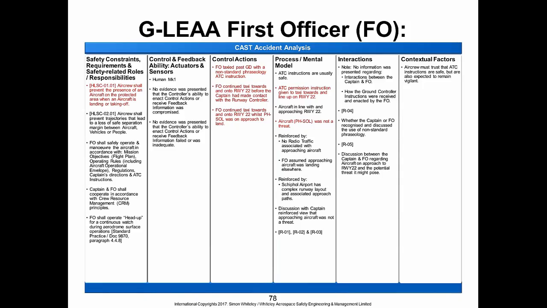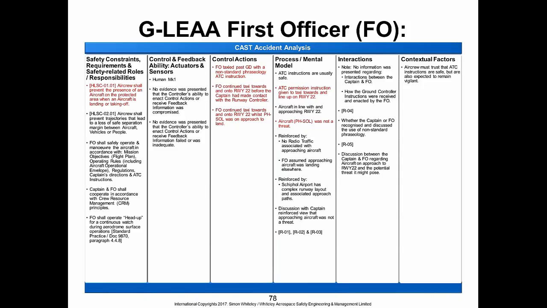So from the process mental model, ATC instructions are usually safe. So that's a belief. The ATC permission instruction given to taxi towards and line up on runway 22. So they believed that they'd been given permission to do exactly what they were doing. The aircraft in line with and approaching runway 22, they'd seen that, they'd identified that, and that aircraft was not a threat.